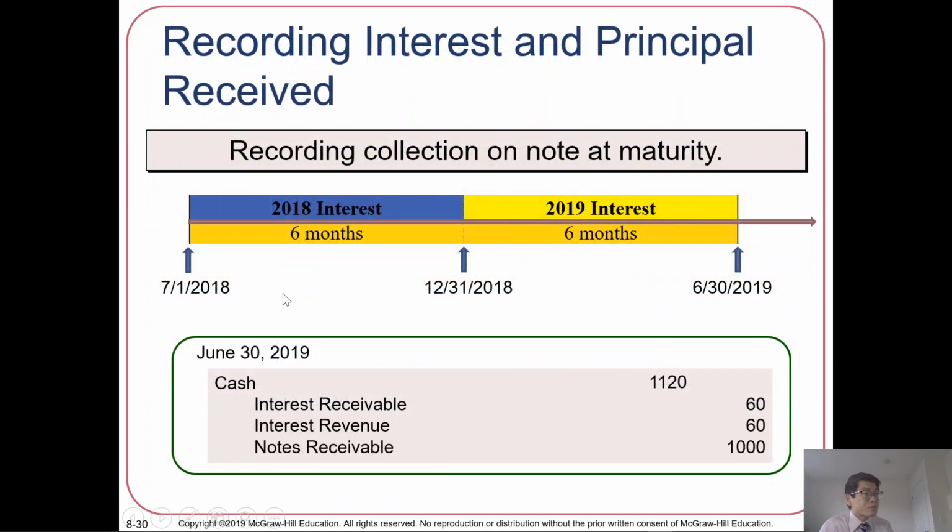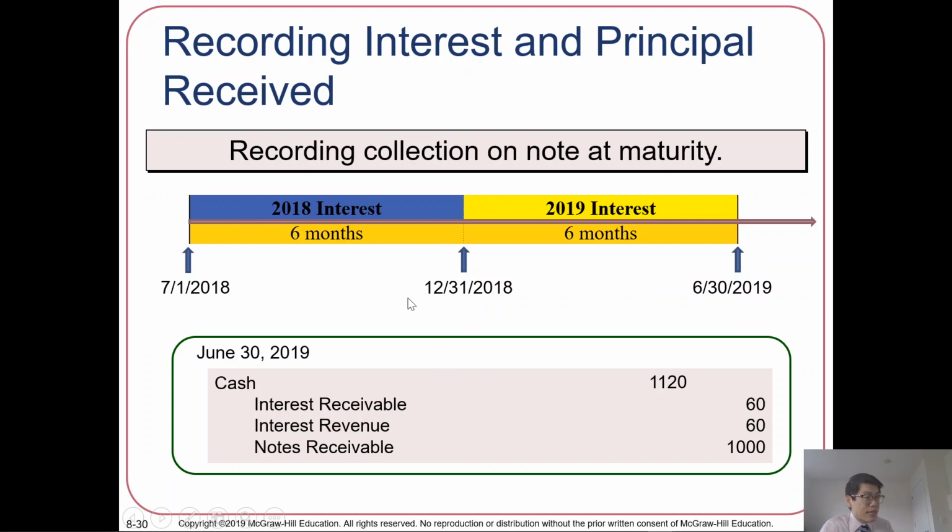So now, recording collection on a note at maturity. Remember, the note lasts for 1 year, 12 months, right? From July 1st, 2018 to June 30th, 2019, this whole 12 months.